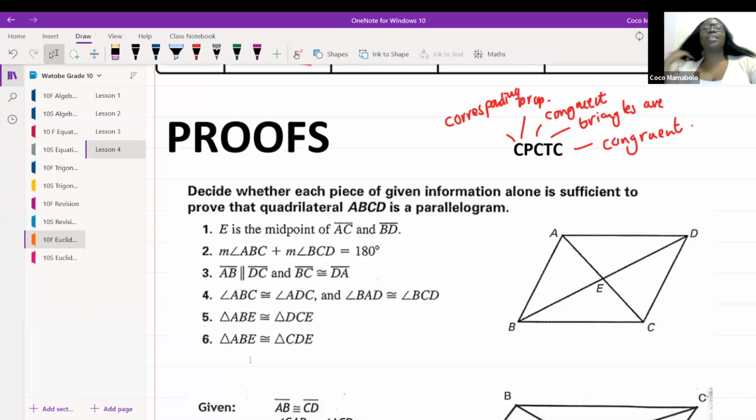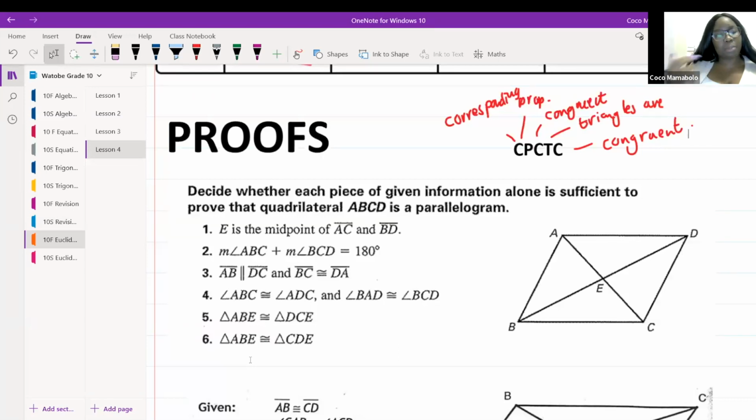All right. So it says that corresponding properties of congruent triangles are congruent. So what that means is, if I can prove that certain parts of my parallelograms in the triangles are congruent, and I can prove that the triangles are then congruent, the rest of it is kind of going to fall into place.